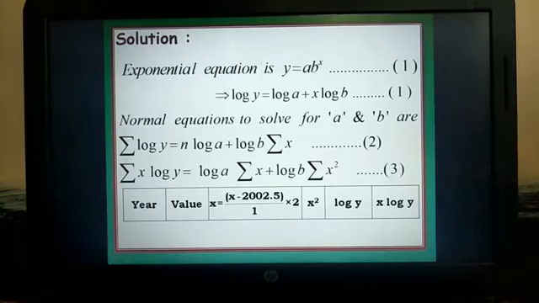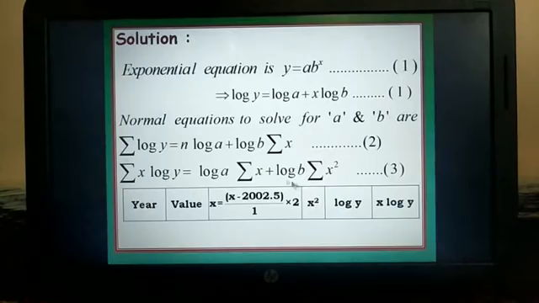Now, in order to calculate these constants, we have the given year and value data for the specified years. Further, we need to do the required calculations seen in these normal equations.